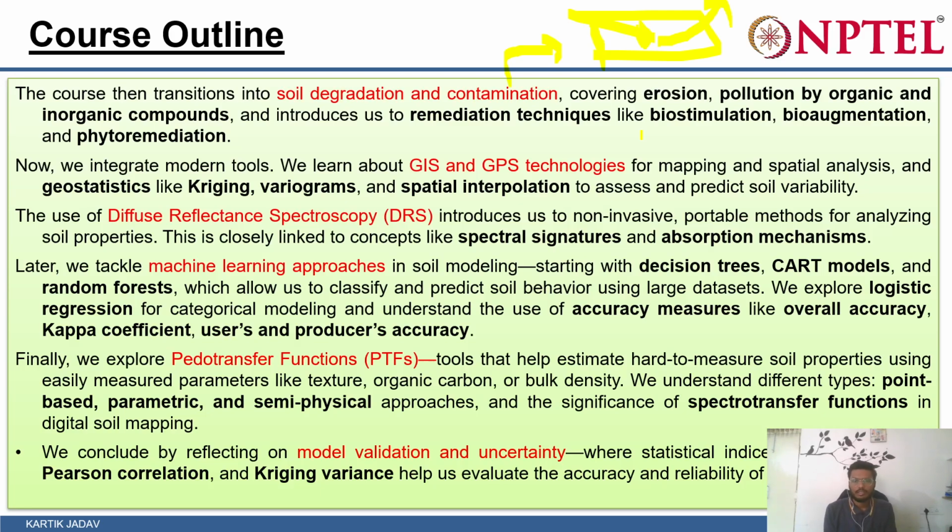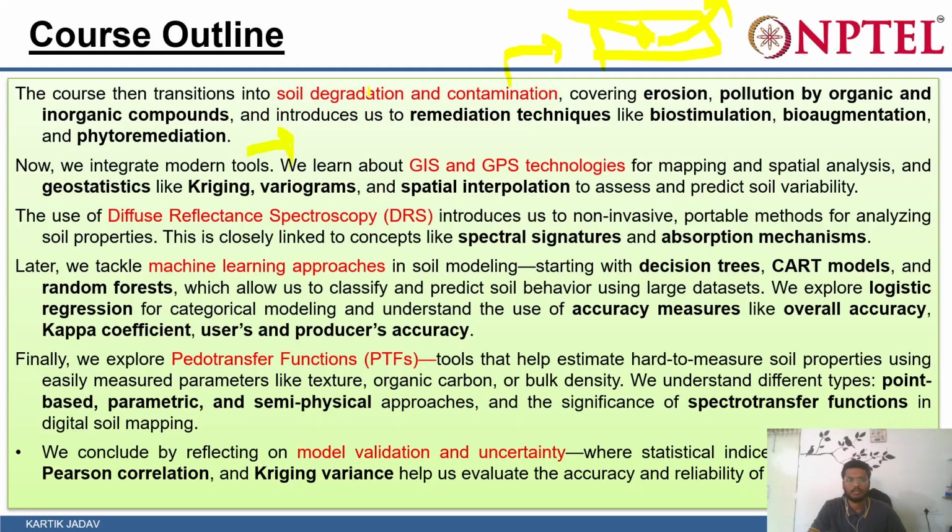And after this lecture, we have also delved into the integration of all our knowledge into modern tools. Once we have point scale data of all these properties of soil, like physical, chemical, or biological, and also knowledge about the fundamental problems, it is very complex to use that data at certain scale, right?